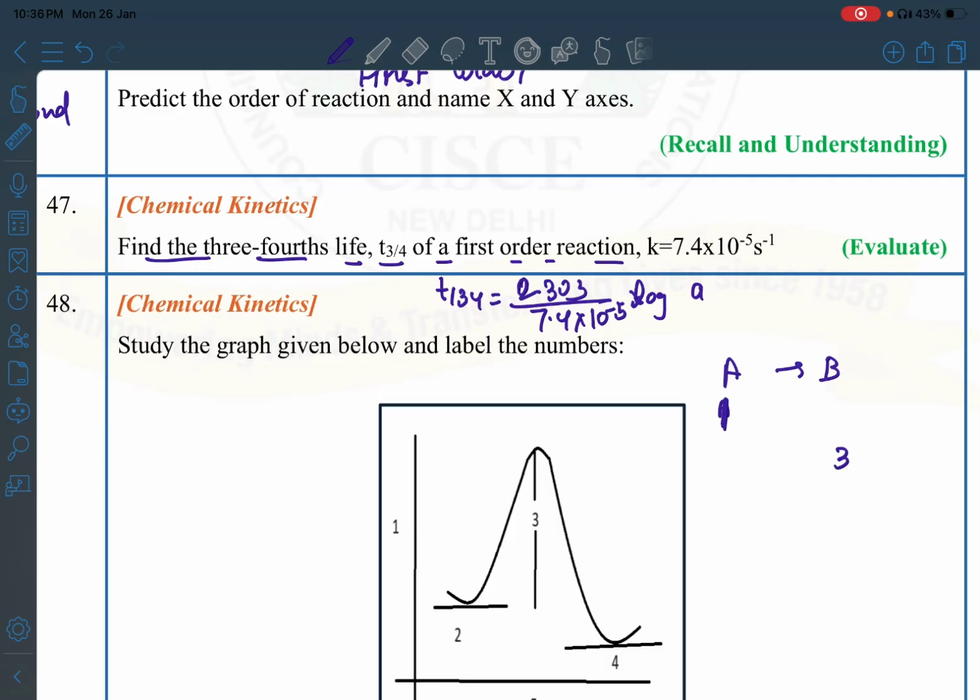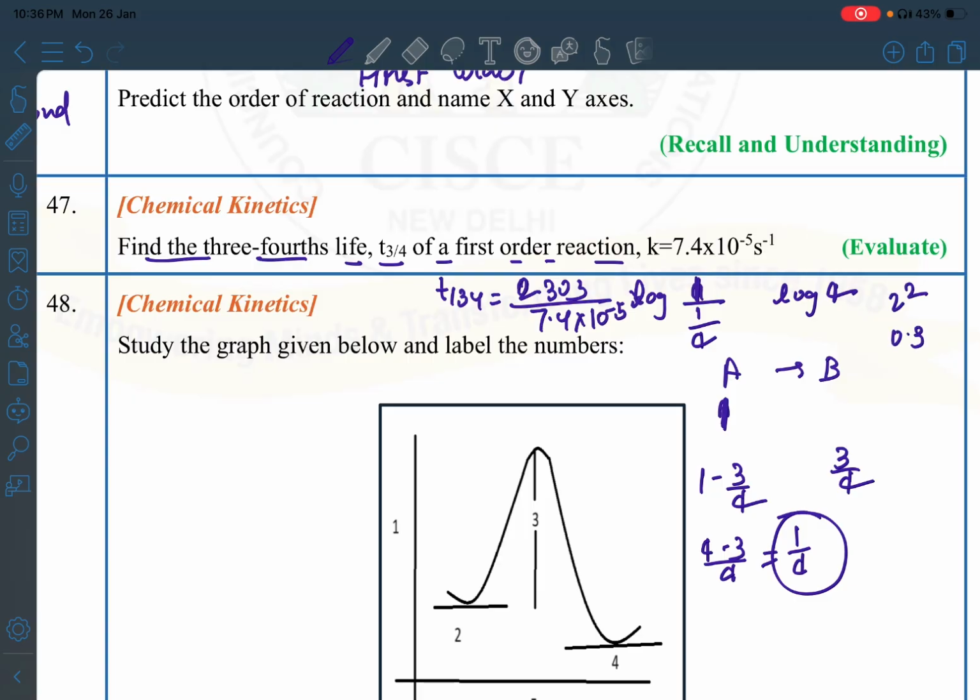So it is 3 by 4. So 1 minus 3 by 4 becomes 4 minus 3 by 4, which is 1 by 4. So the leftover is 1 by 4. So 1 by 4 gives log 4. And log 4 is like log 2 to the power 2. The value of log 2 is 0.3, multiplied by 2 is 0.6.